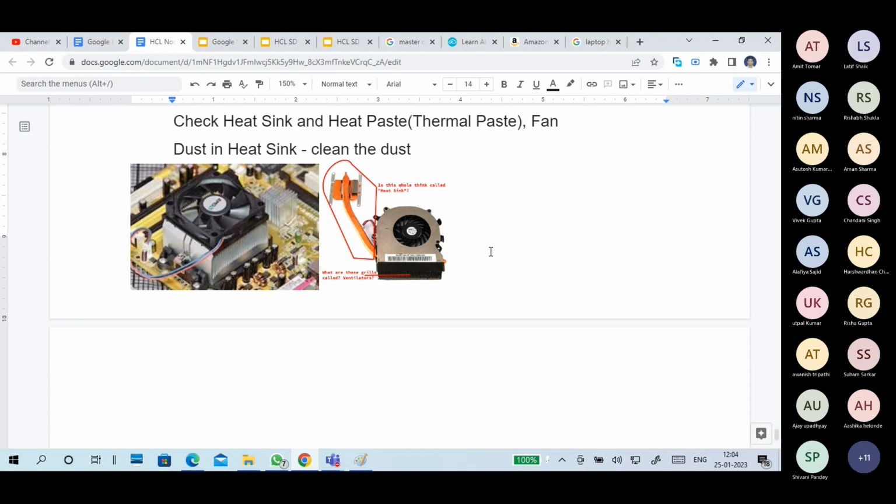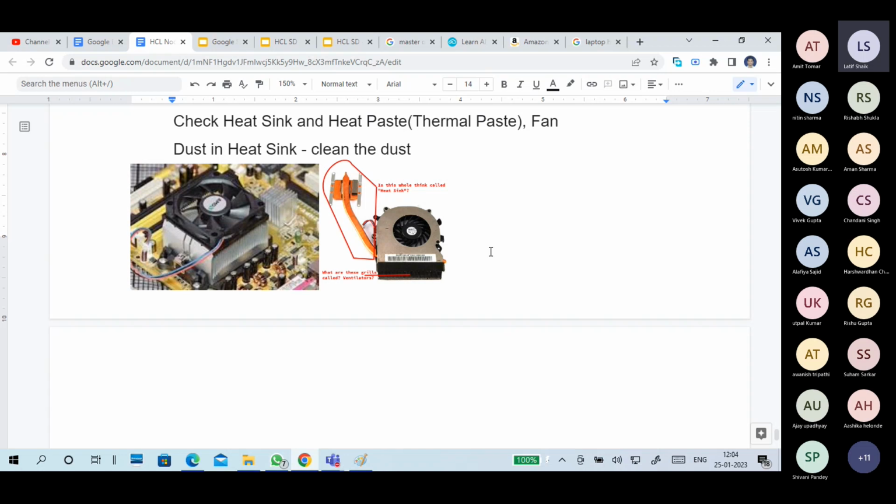Don't put your laptop on cloth or leather surfaces, on paper, even newspaper. Put it on cardboard or plain surfaces.